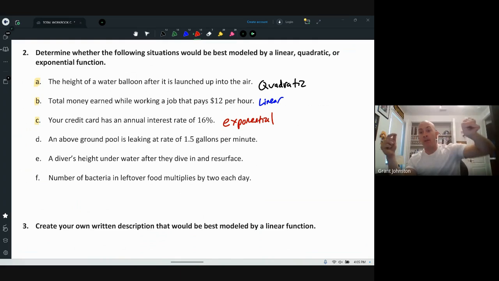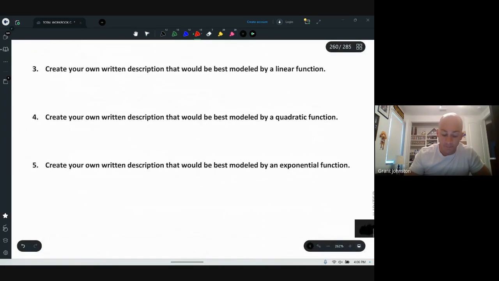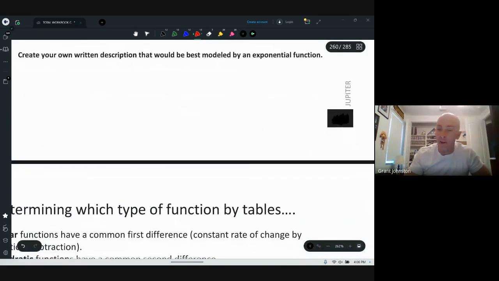If you do a 16% increase, you're going to go 16%, and then 16% of that, which is a greater sum, and then another 16%. If you were to write a function for it, remember we put 1.16 to the power of x. Anything with a percentage rate is always going to be exponential. So you try to do D, E, and F. Oh, and 3, 4, and 5. Try to create your own.